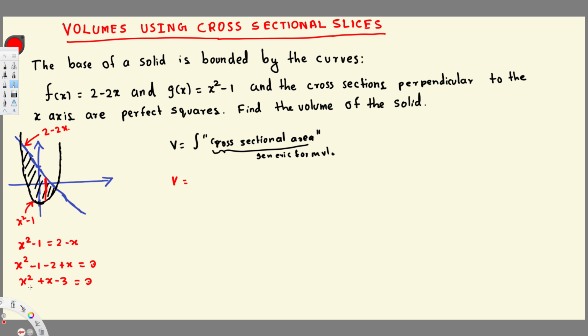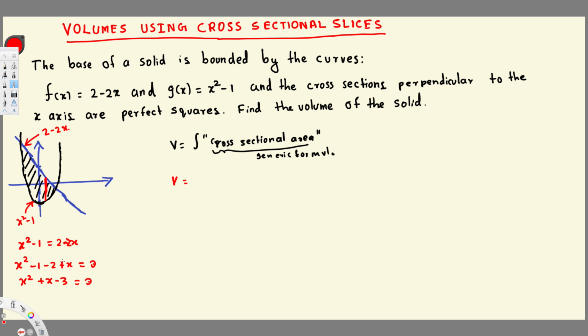Let's see whether we can factor this one. When we multiply, we have to get minus 3, and when we add, we have to get plus 2, since this is 2x right here.